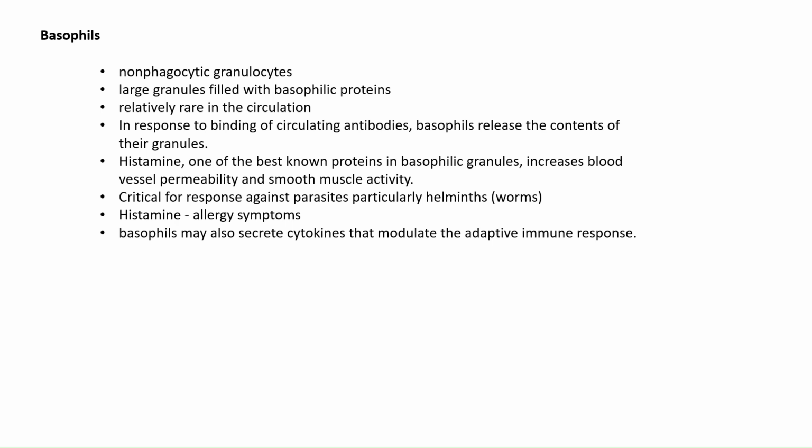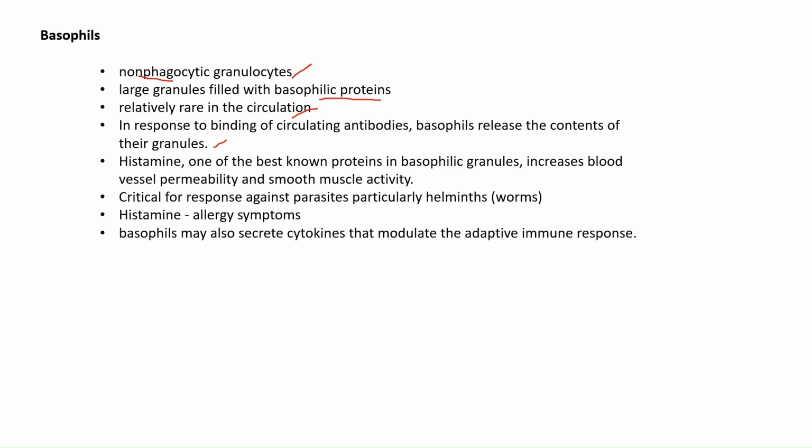Now coming to the next, that is basophils. These are also granulocytes, but these are non-phagocytic. The name basophils means the granules are filled with basophilic proteins. They are relatively rare in circulation, that means their concentration is low in our blood. In response to binding of circulating antibodies, basophils release the content of their granules.